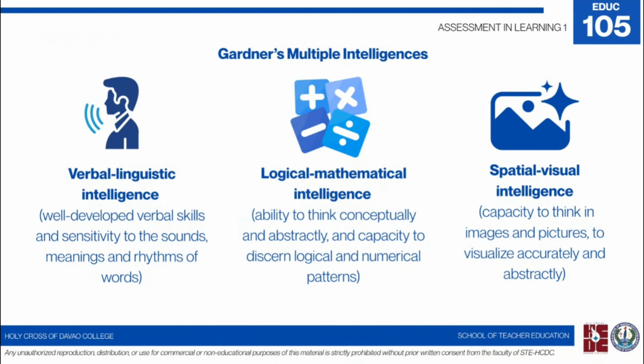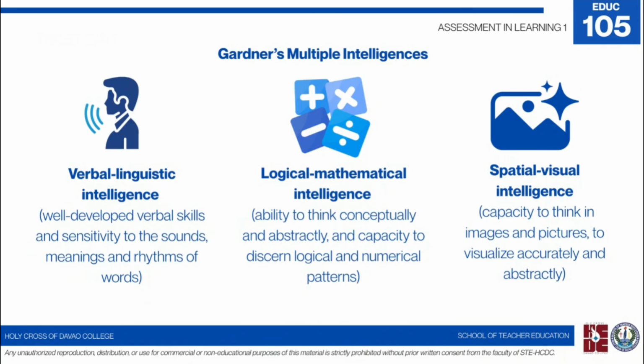So effective assessments of spatial visual learners include drawing, diagramming, creating graphic organizers, designing posters, building models, and producing visual presentations. So these tasks tap into their natural way of making sense of the world.